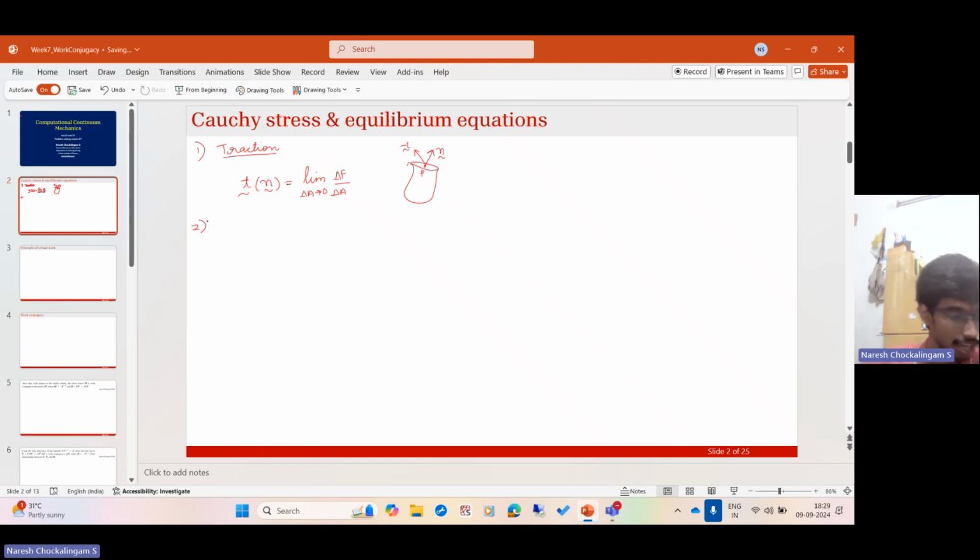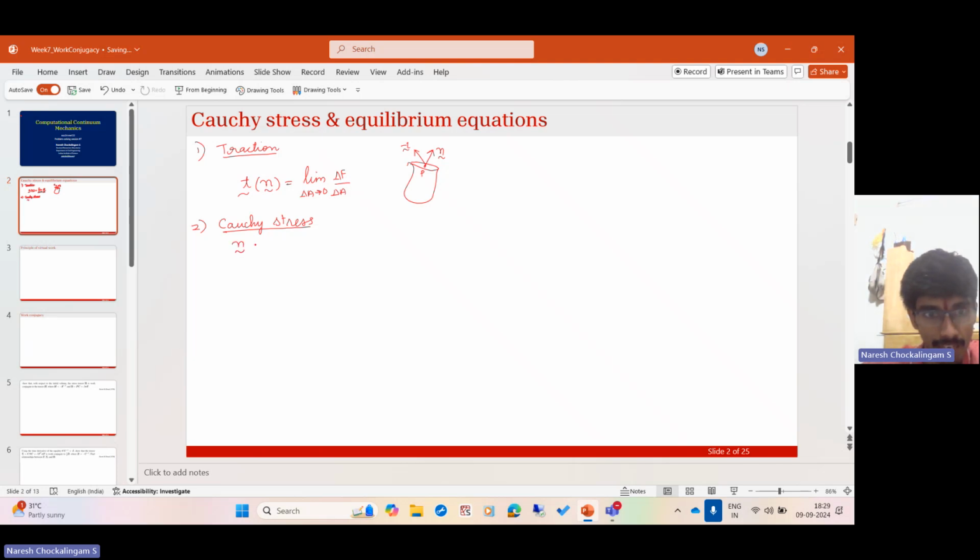Then you might have looked at the Cauchy tetrahedron analysis, which resulted in the relationship between traction and Cauchy stress. Traction is a vector, the normal is a vector.